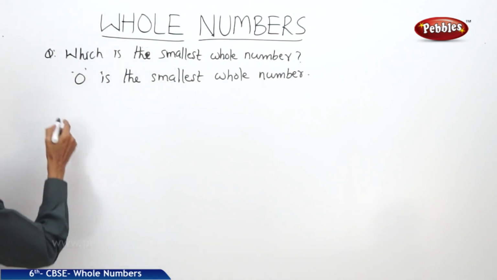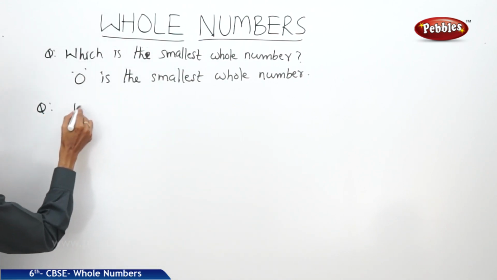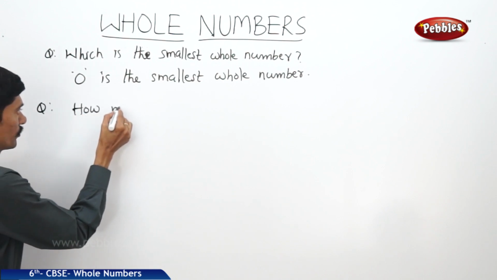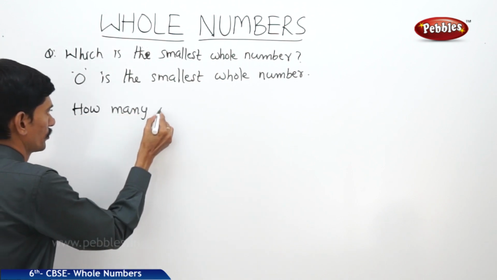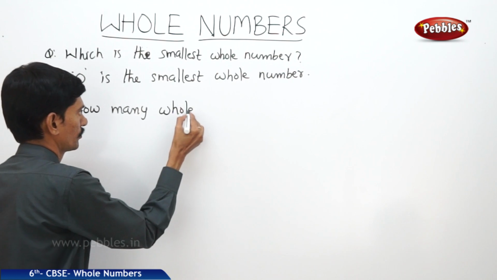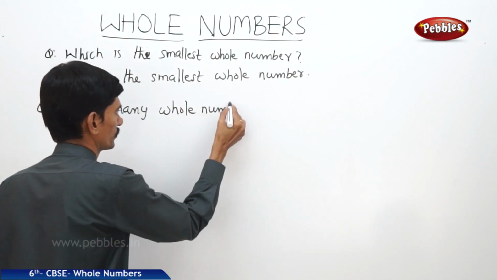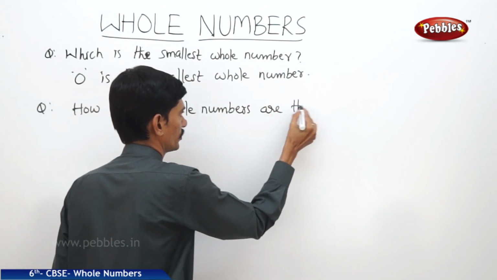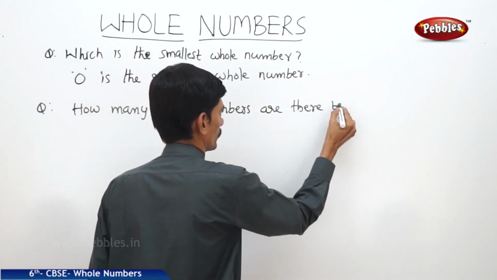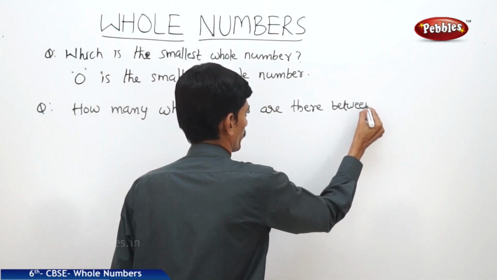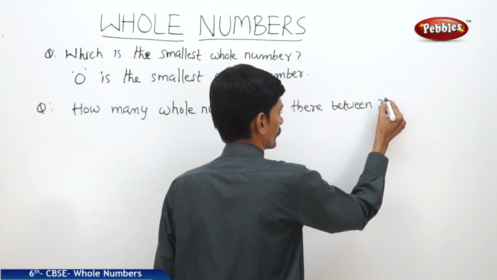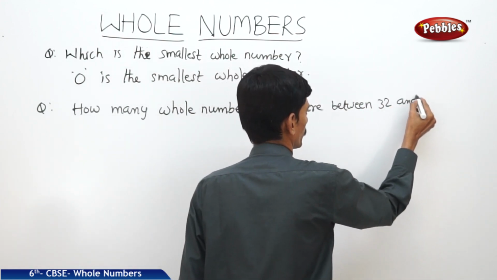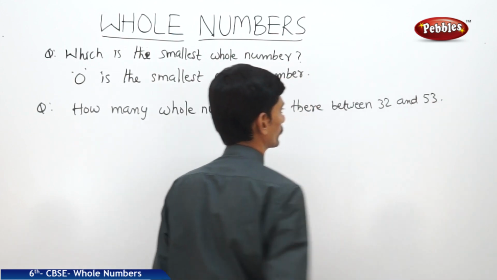Now the next question: how many whole numbers are there between 32 and 53?